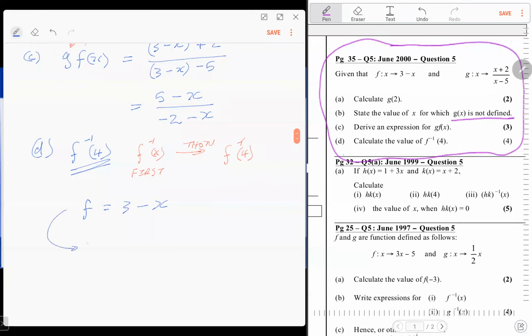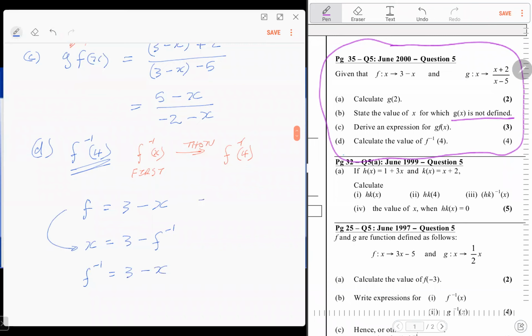So when we form the inverse, the f becomes x, and the x becomes f to the minus 1. So if we transpose this over here and take the x over here, you basically get the same function that you had before. You get back f to the minus 1 equals 3 minus x as well.